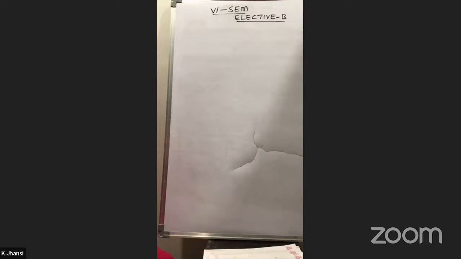So C means it is DMS, no? Yes, ma'am, discrete mathematical structures. Okay, this is the class for vector calculus. Once you check the link, you will see that the class is also going on. Okay, ma'am, thanks, ma'am.